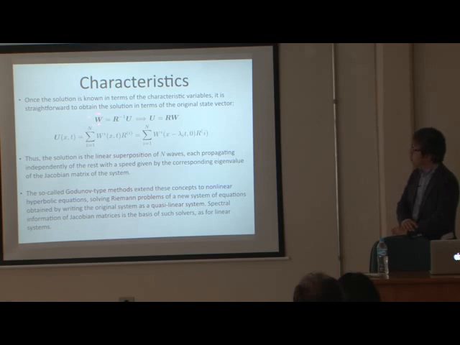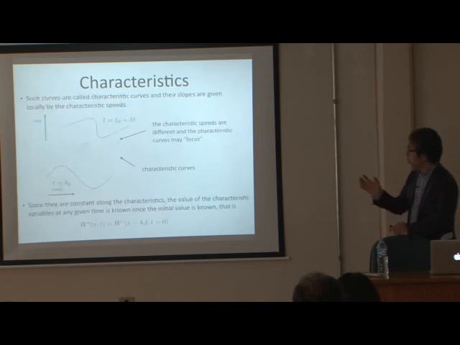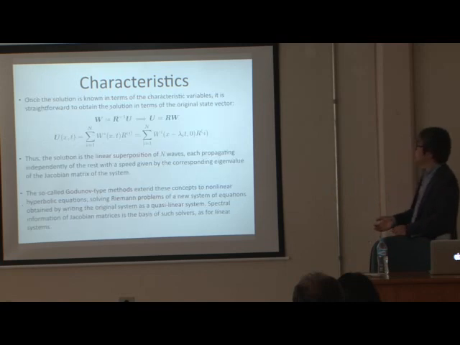Using w is r minus 1, and u is also r times w. This is a one-dimensional propagation, but if we know the characteristic speed, then we can get the information at all points. So the solution is a linear superposition of the nth waves.